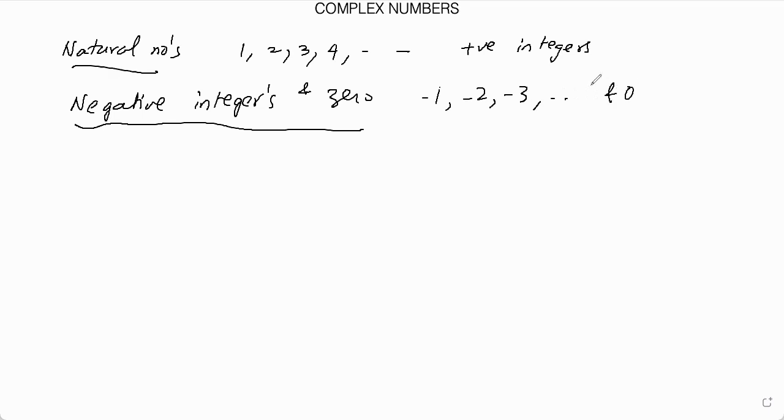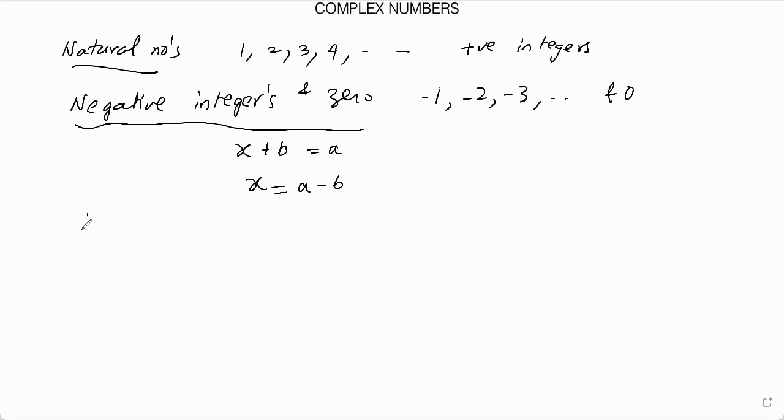These permit solutions of equations such as x plus b is equal to a, where a and b are natural numbers. So this leads to the operation of subtraction, or inverse of addition, and we write this as x is equal to a minus b. Also, integers are closed under the operations of addition, multiplication, and subtraction.